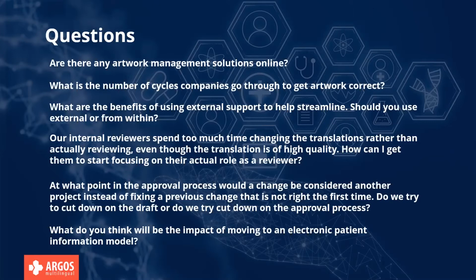Okay, so next one, what is the number of cycles companies go through to get artwork correct? Yeah, so this is good. The number of cycles that companies should go through to get their artwork correct should be 1, because you should only need to do it once. That's the glib and easy answer. As I go around companies, I obviously look at the number of cycles that they're doing.